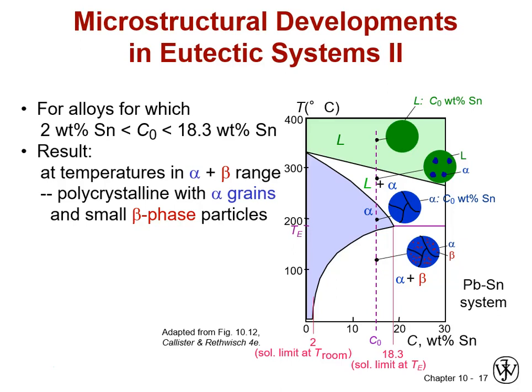I will make a verbal correction to our animated slides and say that a lot of those red beta particles, in fact the majority of them, should probably be shown precipitating on the grain boundaries. That's the high energy part of the microstructure, and it's where diffusion is the fastest.